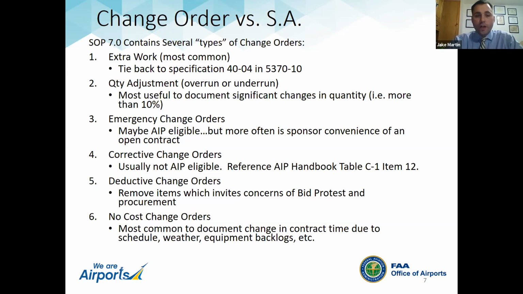And then of course, there are no cost change orders. The most common with these is that they extend contract time, typically due to a grant schedule issue that came out later than anticipated, some weather delays, or equipment or material ordering backlogs. In most cases, not a big deal for no cost change orders.